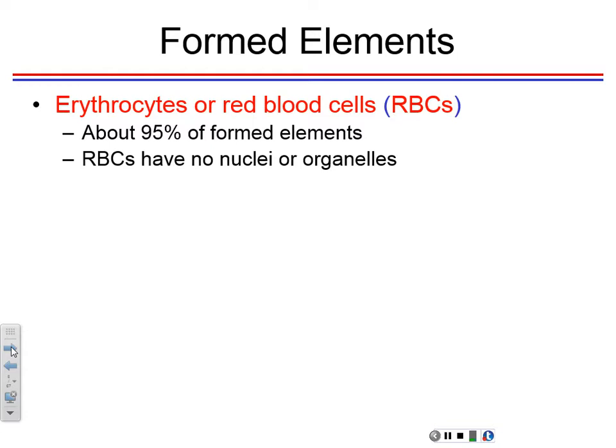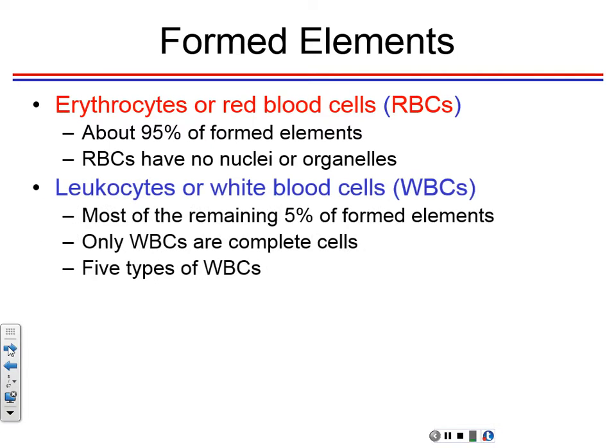And eventually they are broken down by macrophages in the liver, in the spleen, and so forth, that we talked about when we did the lymphatic system, right? So 95% of the formed elements. Okay, so that makes transport of gases the most important function for this blood, right? 95% of formed elements are red blood cells, and red blood cells have a life cycle.